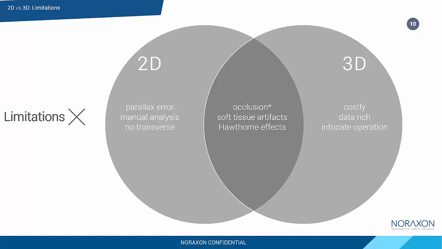Next limitation, which we also mentioned as a benefit, is that it's data rich. This can, in certain cases, depending on who you are, be a limitation because you may suffer from the paralysis by analysis phenomenon. There may be so much data looking in all three planes of movement that you potentially start to identify or pick out things as issues that may or may not actually be an issue.